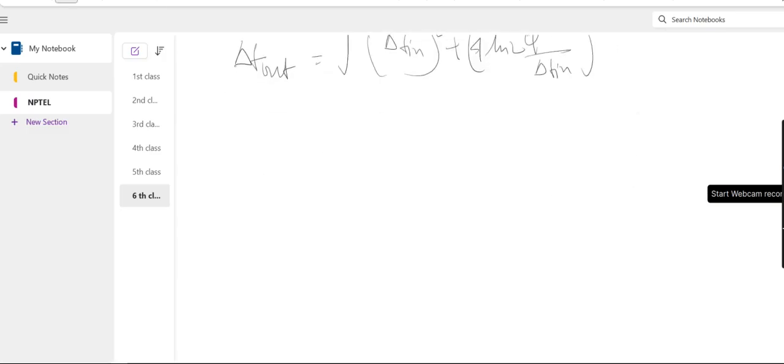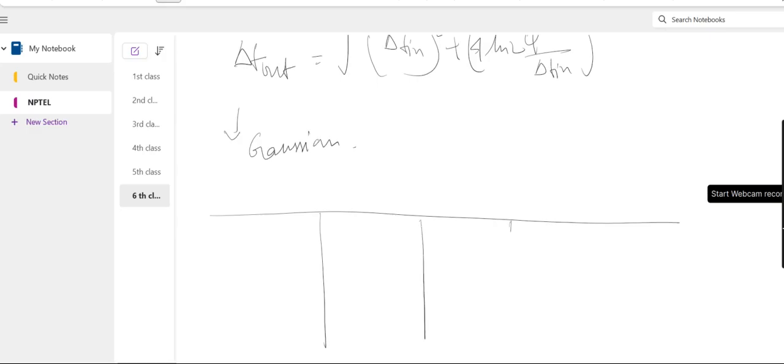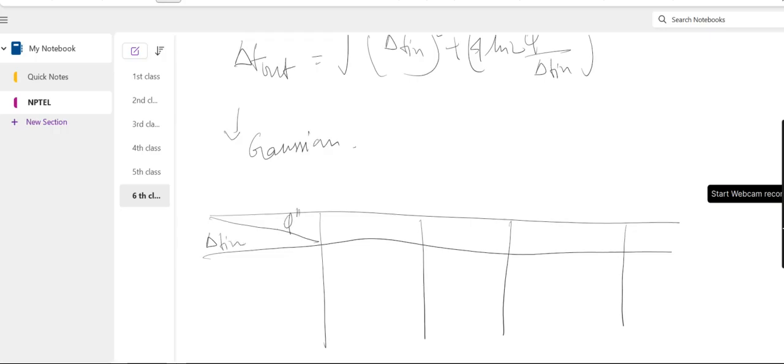So for Gaussian this happens. So you can see how broad the pulse can be depending on delta t in. So this is delta t in, this is phi dash dash.